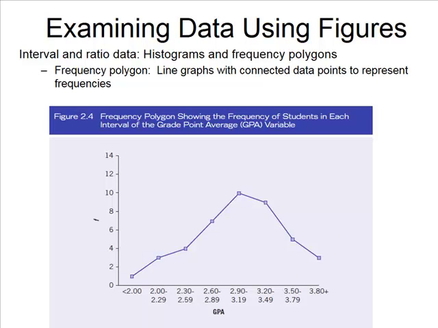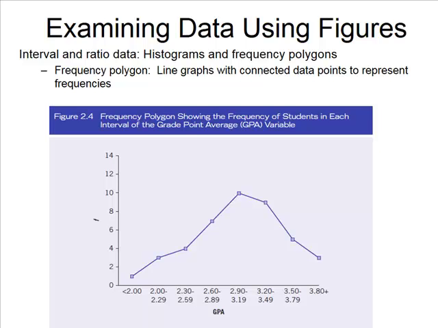Here's another one the book throws out there. This is a frequency polygon. No. Come on. Why do this? Here's the problem with these. They actually make you think that the difference between here and there is the line. It's not. There's no line.